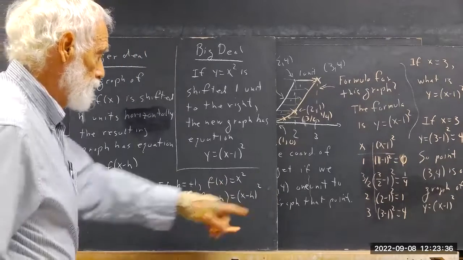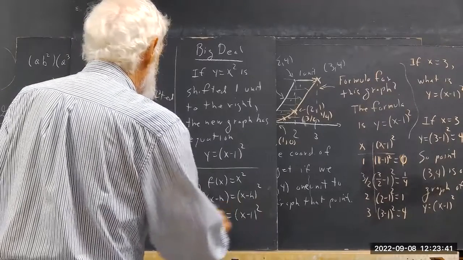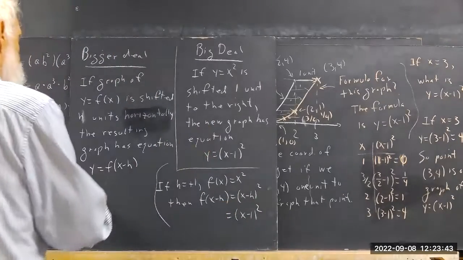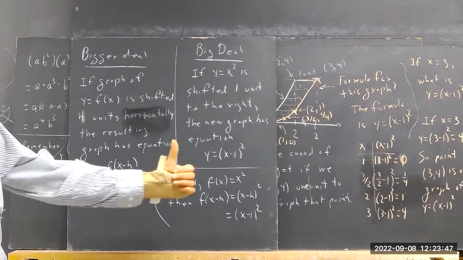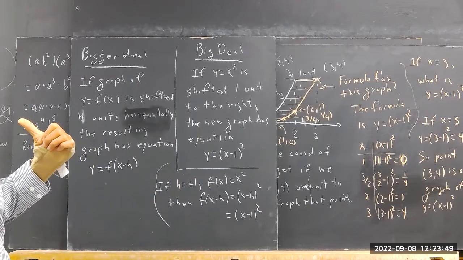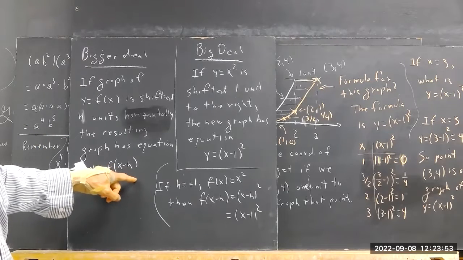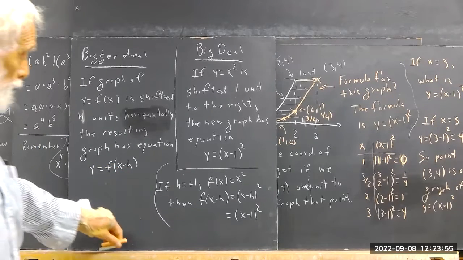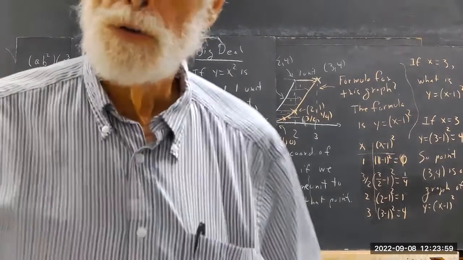Replace x by x minus h, we get this, which is x minus 1 squared. So this is an example of this. A comment: if h happens to be negative, meaning if you shift left, then you're going to get a positive here when you do a negative with a negative. You'll see all this. That's the example of a horizontal shift.